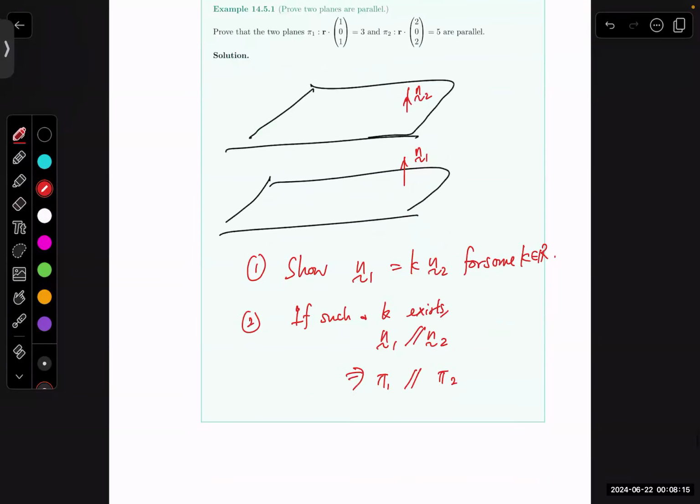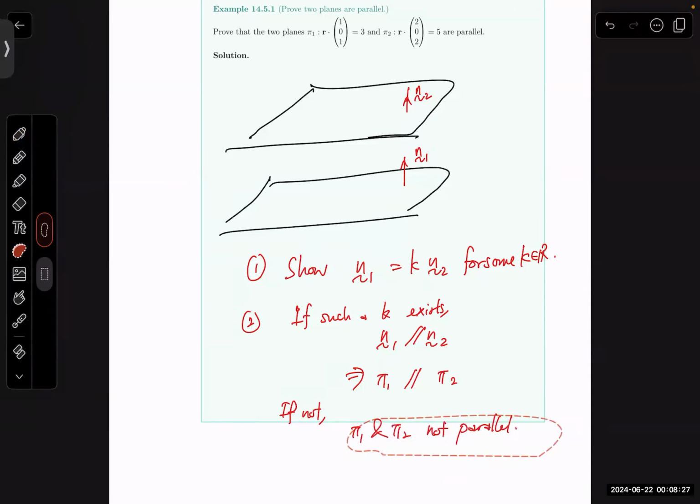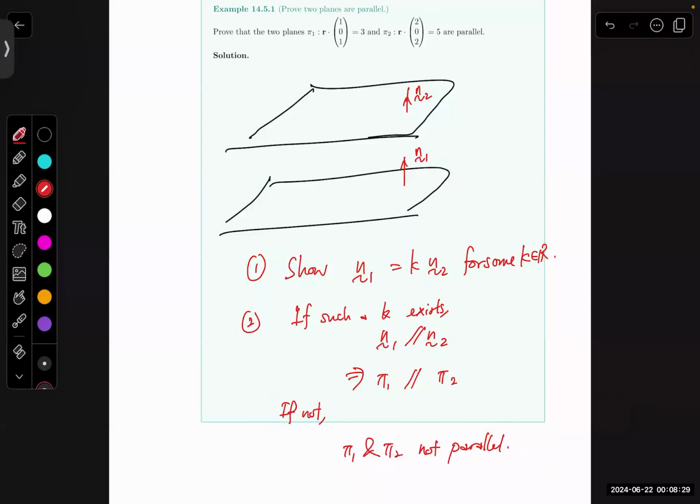If not, plane 1 and plane 2 are not parallel. You should say that vector n1 and vector n2 are not parallel first, then you conclude. So done.